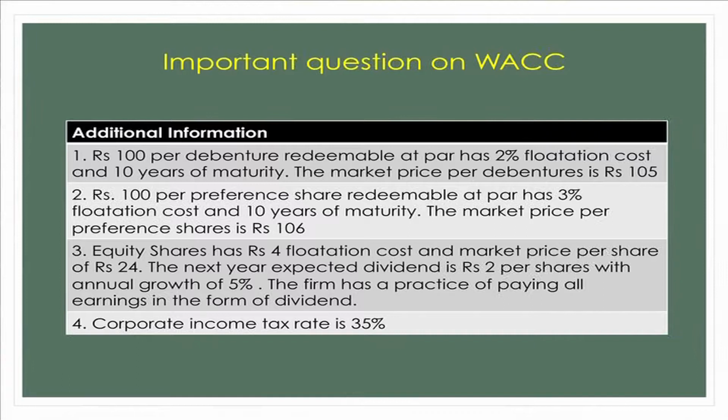So, we will divide by the face value and multiply the amount with the market value and ascertain our market price for debentures, preference shares and equity shares. Equity shares are 50,000, so 50,000 into 24, that is 12 lakh, would be the market price. Similarly, for preference shares and debentures we will compute.